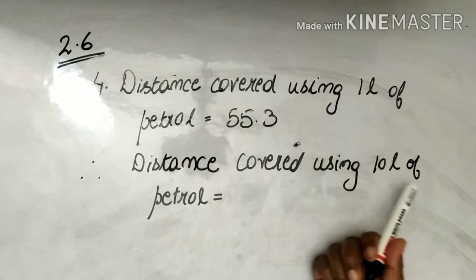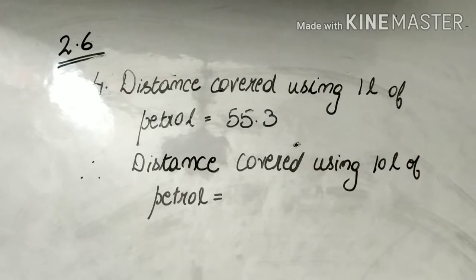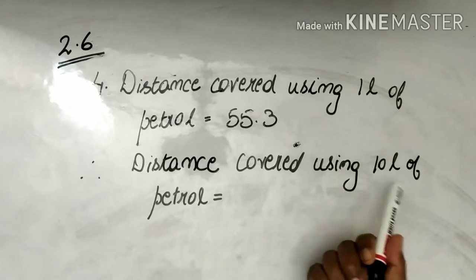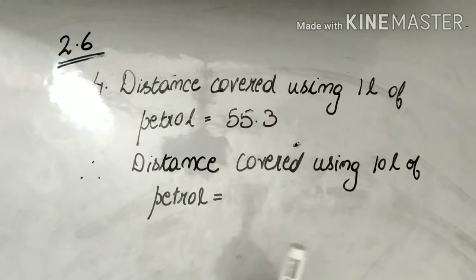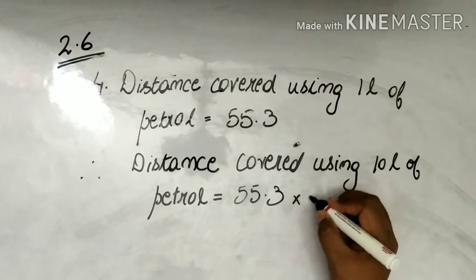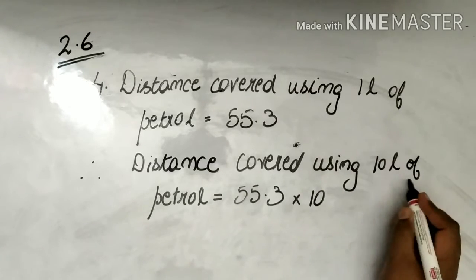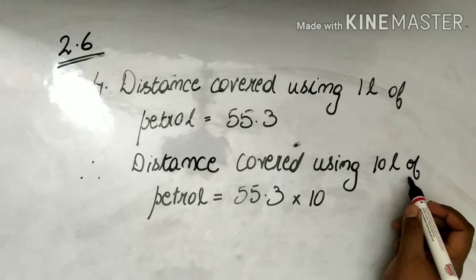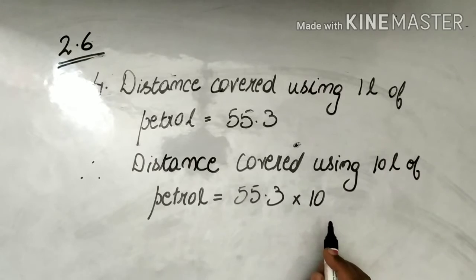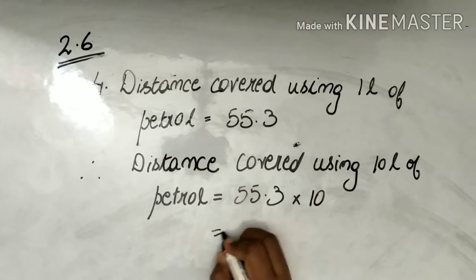Therefore, the distance covered using 10 liters of petrol. So what is this? This is a repeated addition. So what you will have to do? You'll have to do multiplication. So we'll multiply 55.3 into 10 because we have to find the distance covered using 10 liters of petrol, and this is using 1 liter.